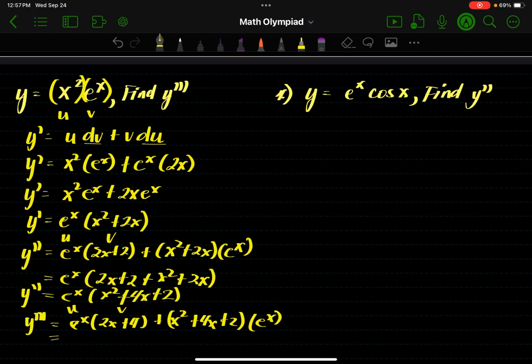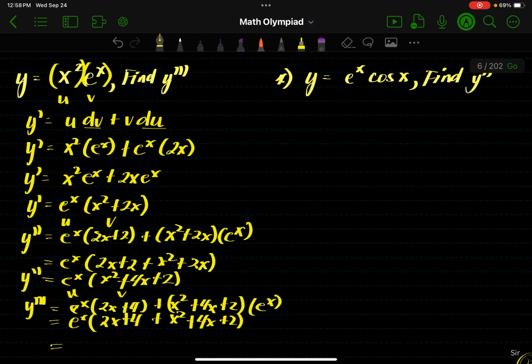Then simplify. Factor out e raised to x. So what remains inside is 2x plus 4 plus x squared plus 4x plus 2.